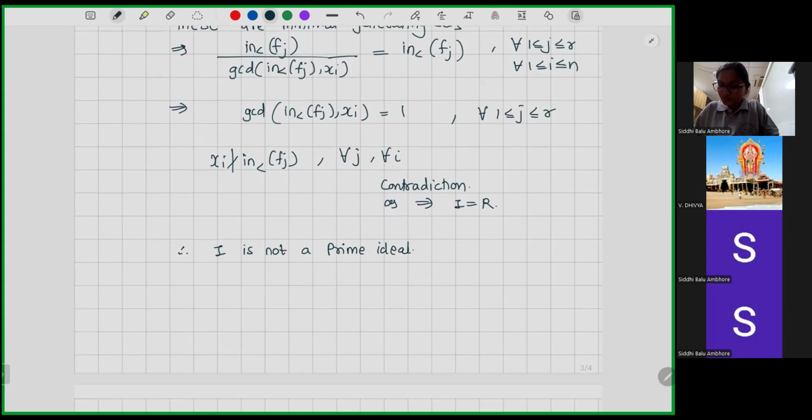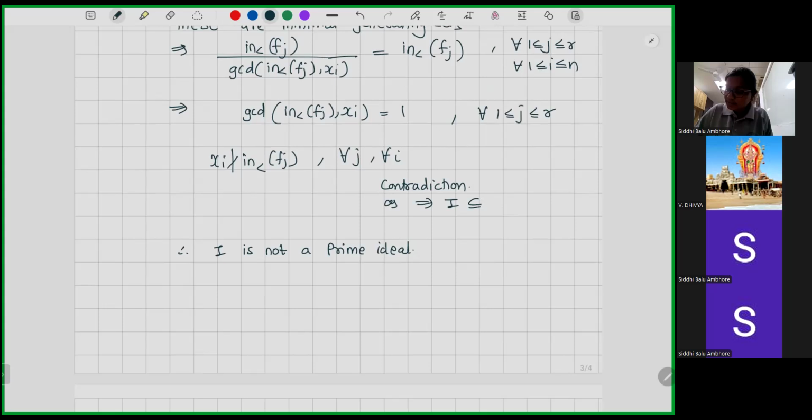Okay, and if you don't even want to do this, then I becomes R, which is not contained in (x1 to xn) squared. Or forget about this.